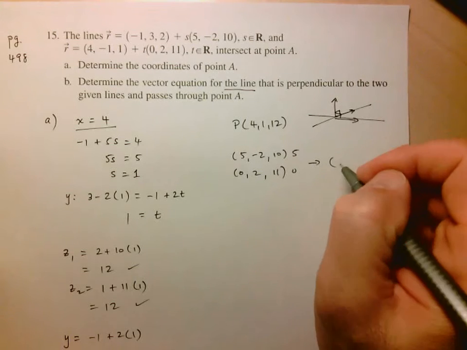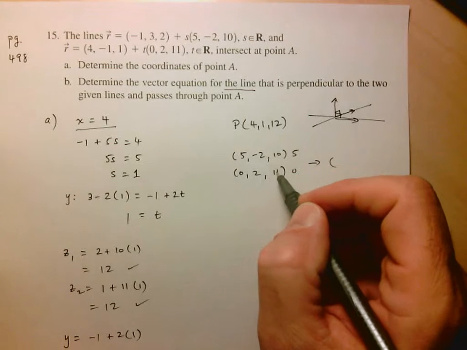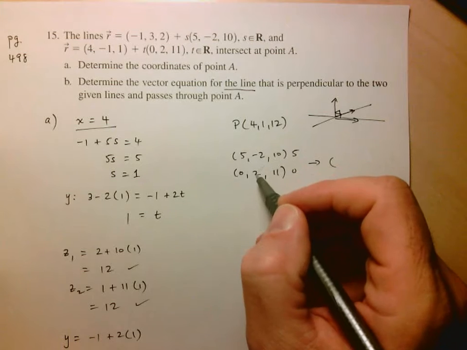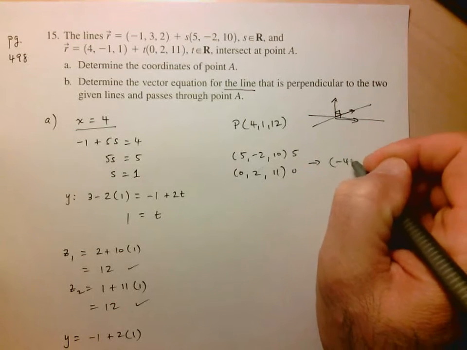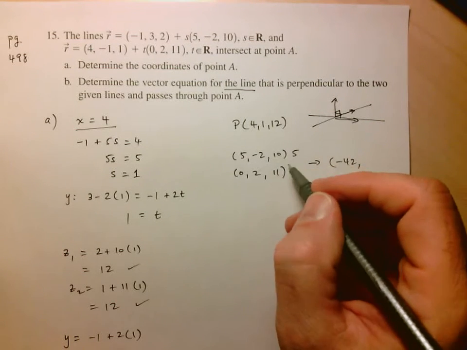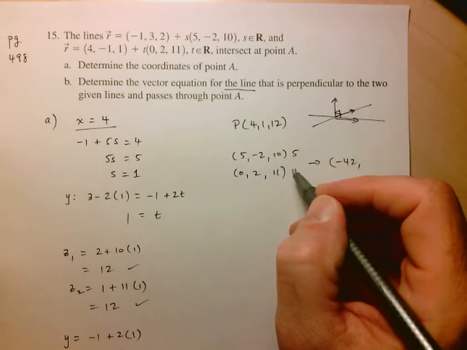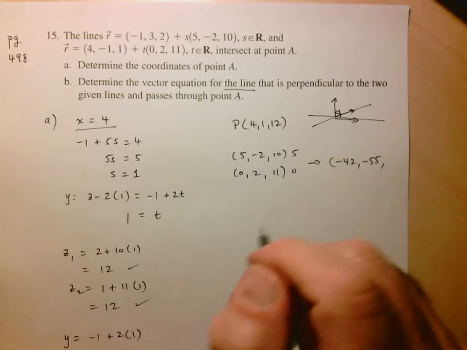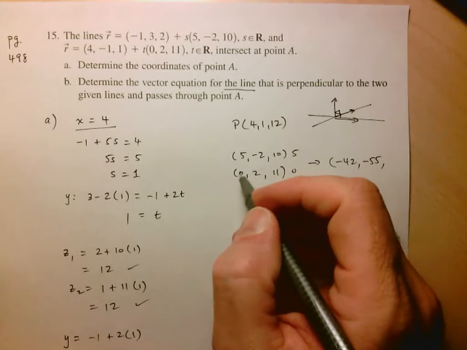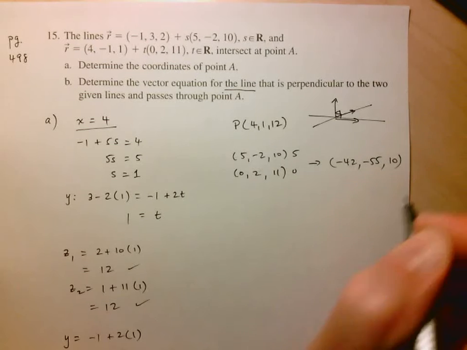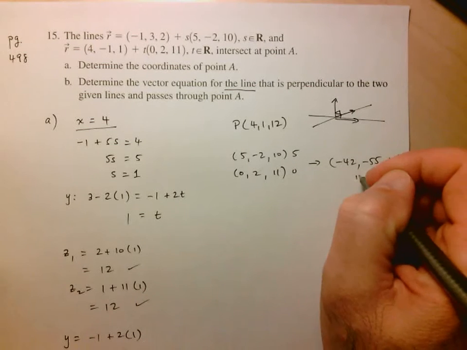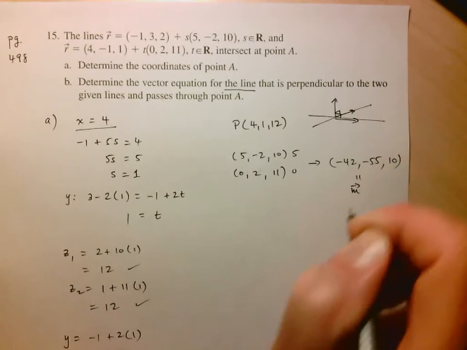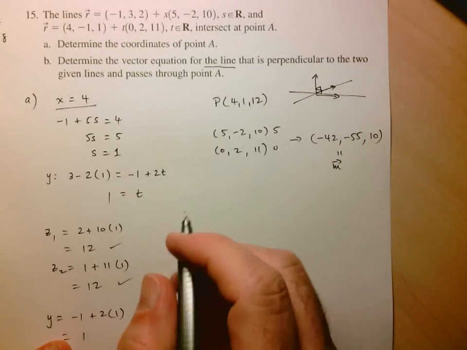The cross product here will give us -22 minus 20, so that's -42. Here we have 10 times 0, minus 55, so minus -55, and here we have 10 minus 0, so that's just going to be 10. This here is going to be our direction vector.